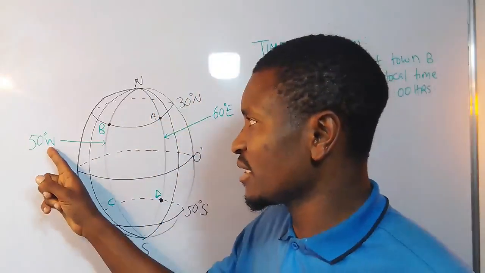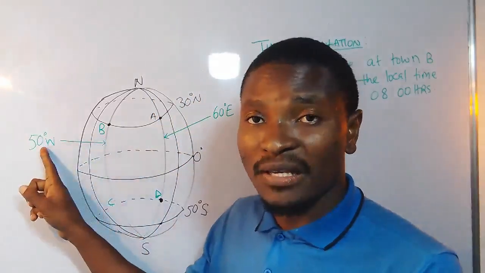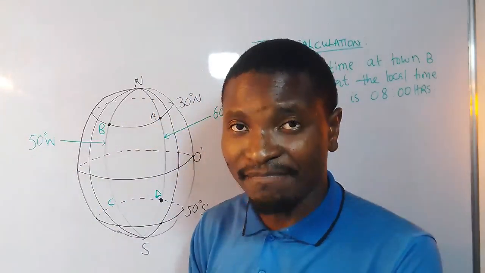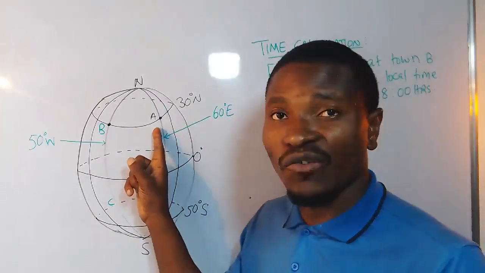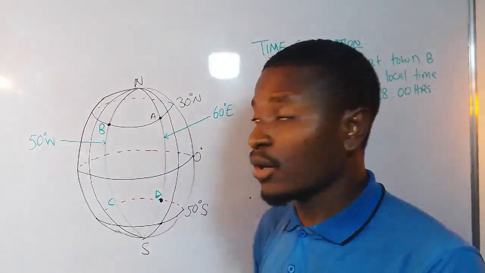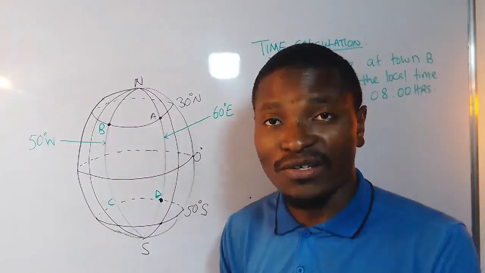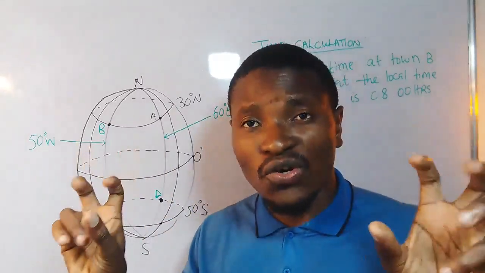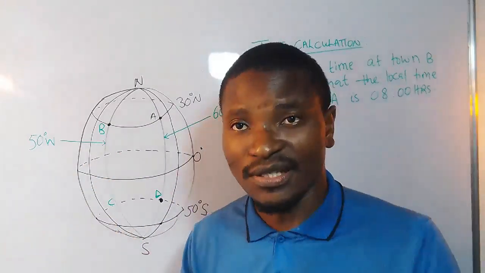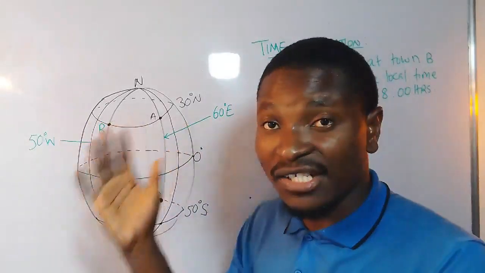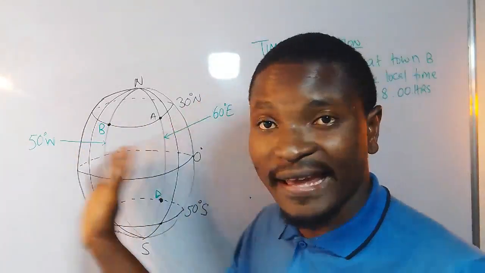So you can see that the longitude of point B is 50 degrees east, and also the longitude of point A is 60 degrees east. So those are the key points that I'm going to consider. I'm not going to actually consider the 30.